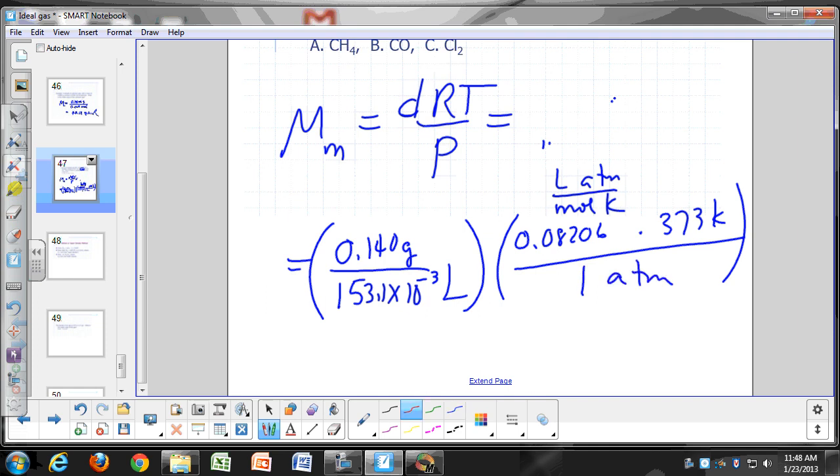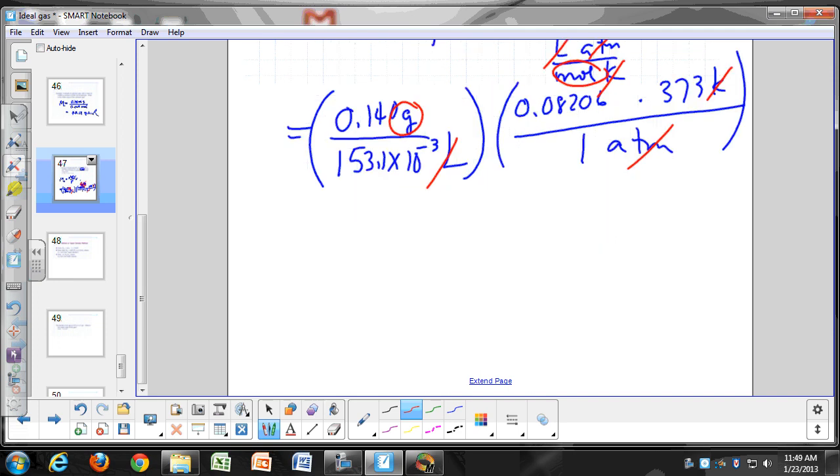So atmosphere cancels out, Kelvin cancels out, liter cancels out. Your answer is in grams per mole. And what does this give you? 0.140 times 0.08206 times 373 divided by 0.1531.